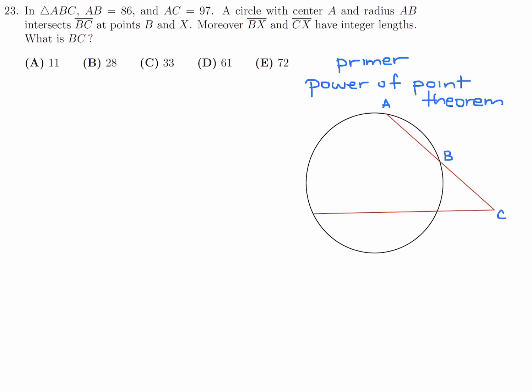This is C, this is D, and this is E. The power of a point theorem states that CB, this distance right here, multiplied by CA, which would be this full distance from C to A, is equivalent to CD, which is the distance from there to there, multiplied by the full distance from C to E, like that. So it's a fairly straightforward theorem, and we're going to use that in our question.